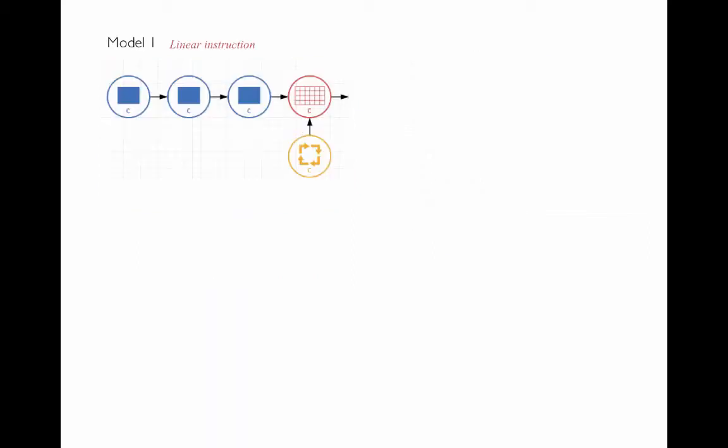So let's look at another example. This is Model 1, and what these models are actually going to show are ways that instructional design visualization can be used. Now, Model 1 is a linear instruction. It's based on content presentation and the direct assessment of these methods. So in this case, we have resources delineated by the square icon there. So we have resource, resource, resource, and then the fourth one is actually an artifact, as an assessment.